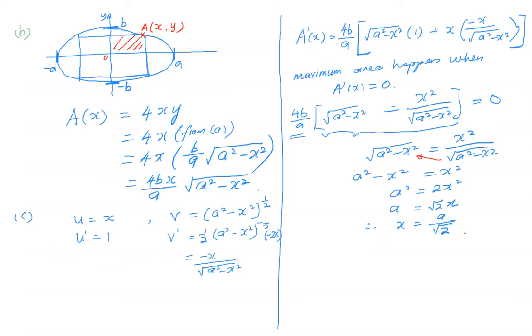Okay, have you proven? No, you must remember to draw the sign diagram for this. May I know what is the domain for x, based on this diagram? More than 0.